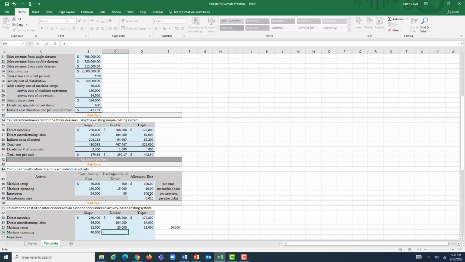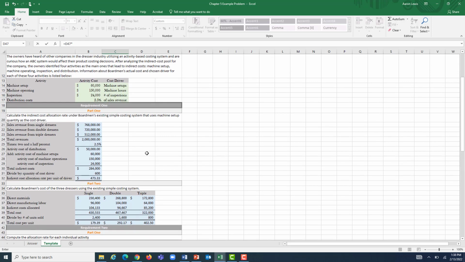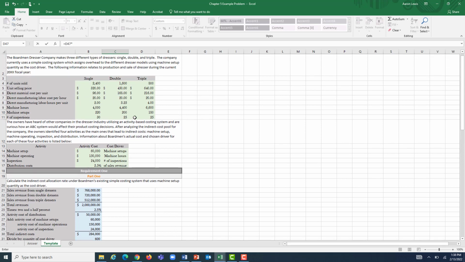For the double dresser, the rate is still $10. We multiply that by the number of machine hours that we are expecting double dressers to take us, which is 4,400.